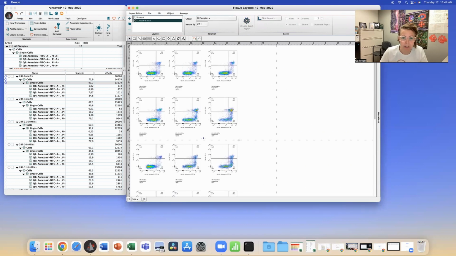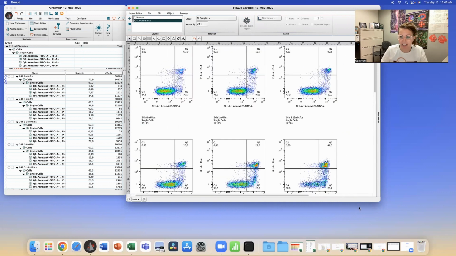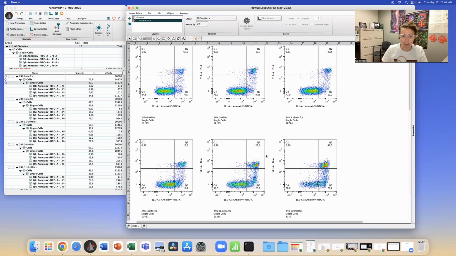So what you will notice, we'll zoom in a little bit here. You can see as my cells get treated, I start to see a shift in my annexin population moving slightly over this way, as well as up into this PI area. Now you'll notice that this boundary may not quite exactly reflect those populations.